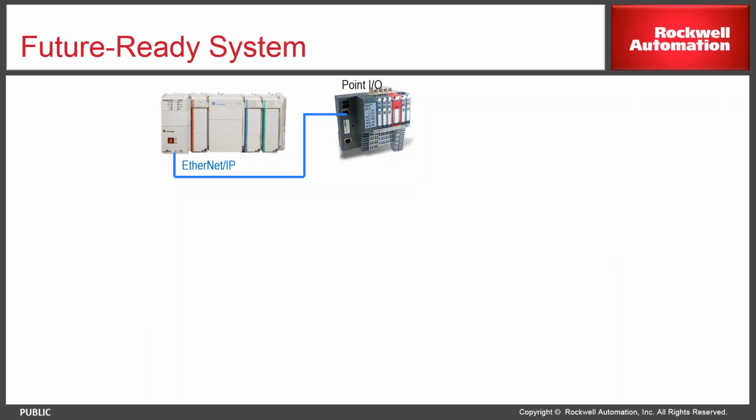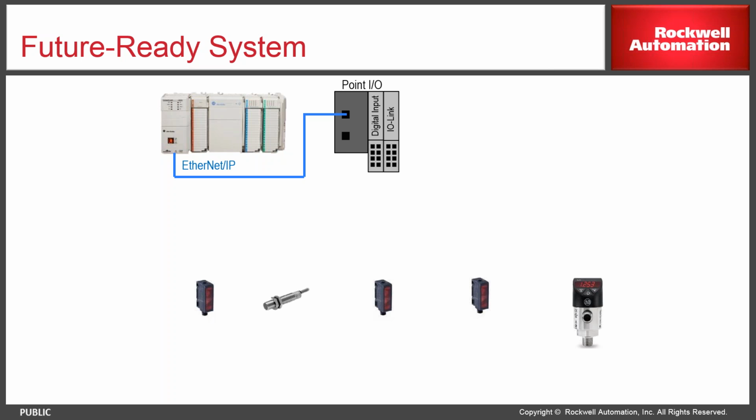Using IO-Link enabled sensors is a great way to make the system future ready. This will be easier to show by representing the POINT I/O with a diagram here. So here you see we have a POINT I/O. As an example, we'll discuss an application that requires one pressure sensor and four discrete sensors.